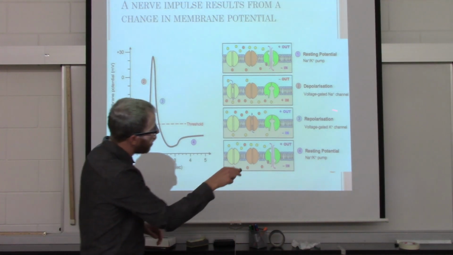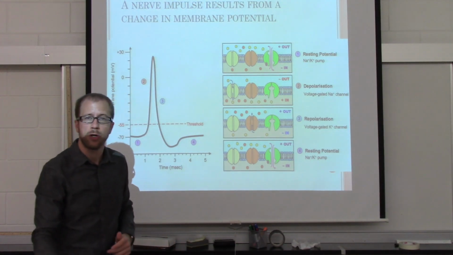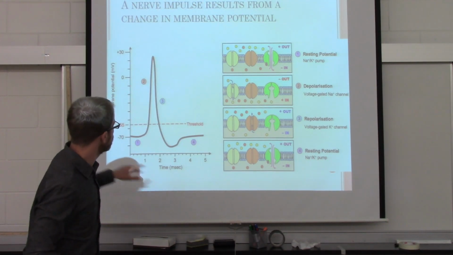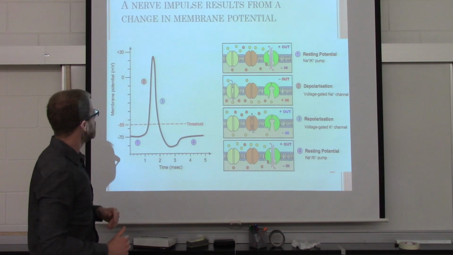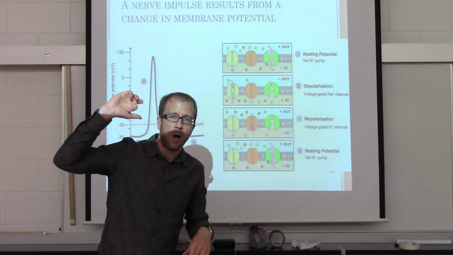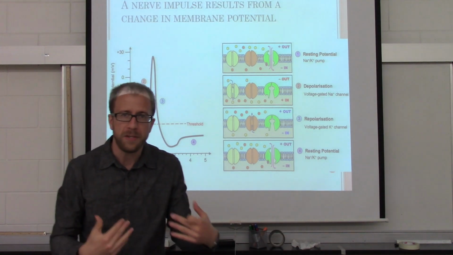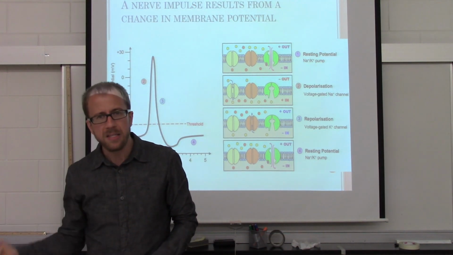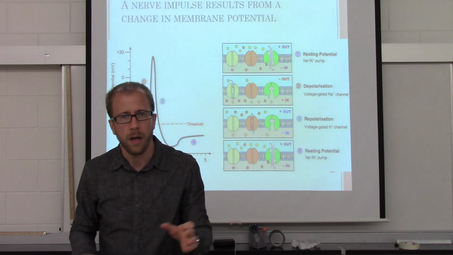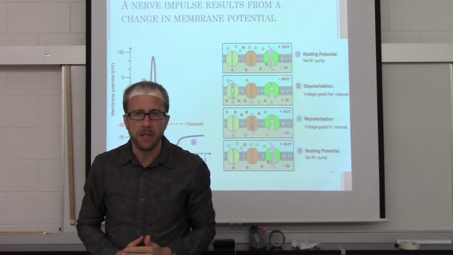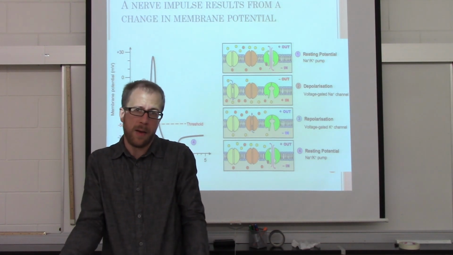Now, repolarization occurs once that membrane potential shoots up. So once you reach those positive millivoltages, you have these voltage-gated potassium channels that will then open. And if we open those voltage-gated potassium channels, what's going to happen?